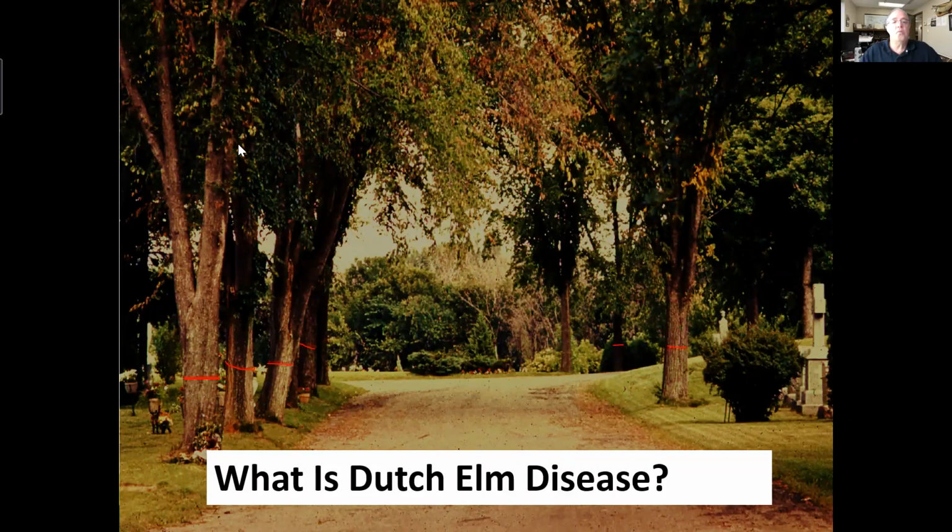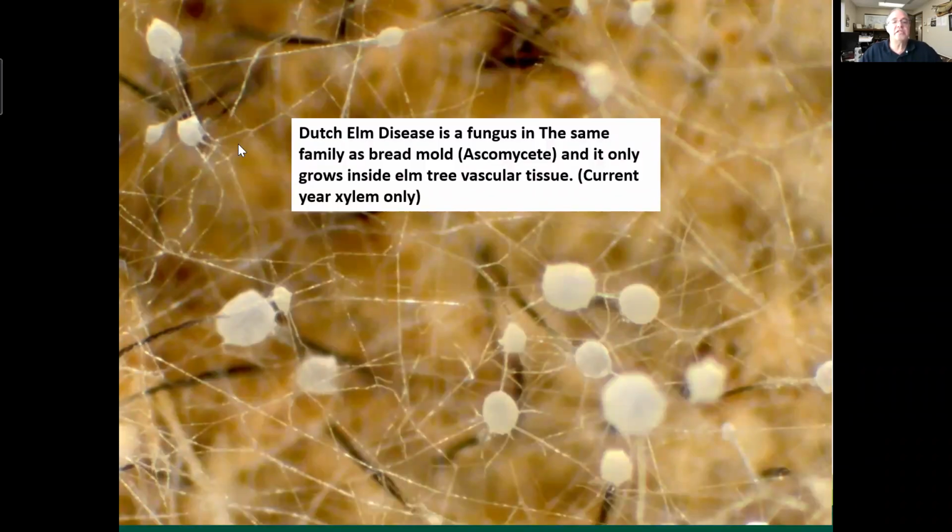The fungus is called an ascomycete, a type of fungus that's very similar to bread mold and so forth, but this particular fungus only grows in the vessels of elm trees. It's very specialized. Nature is pretty amazing in that way, how organisms adapt.